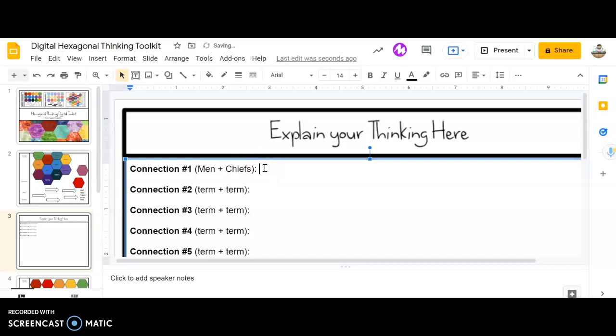Now, explain that. Typically, the men were the chiefs in the villages, clans, tribes. And I must have spelled something wrong there. It should be a P. There we go. So I've explained my thinking between the connection between these two.